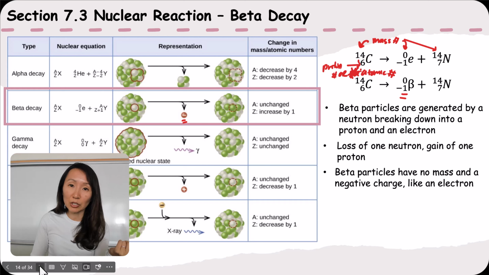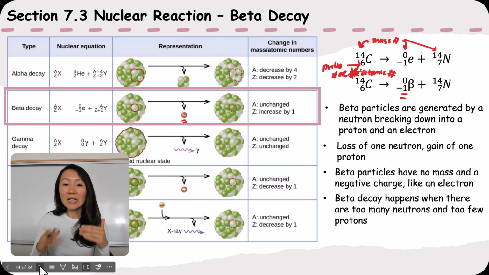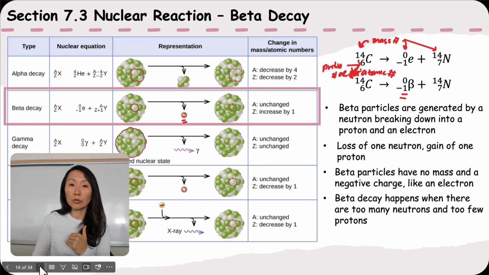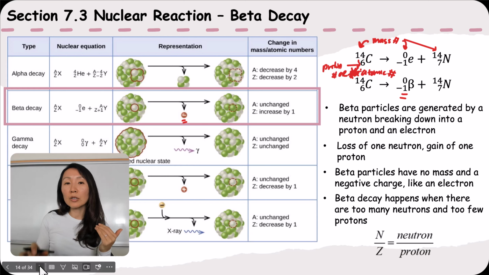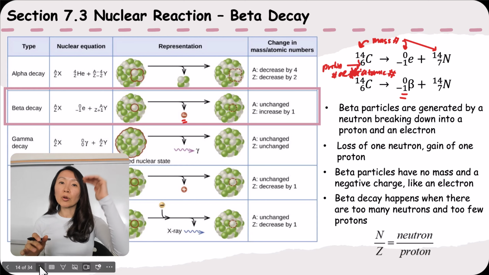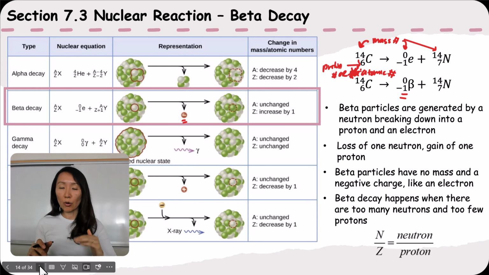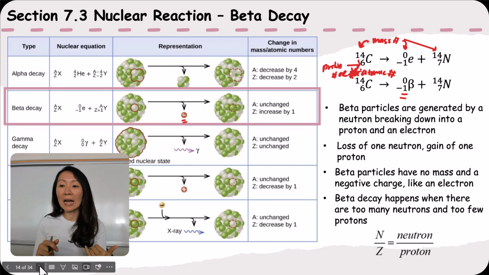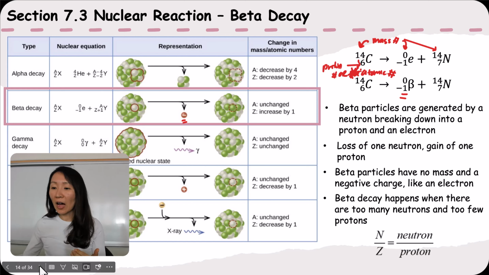This happens when there are too many neutrons and too few protons. In other words, you can say the neutron to proton ratio, or N/Z, is on the high side, or greater than 1.